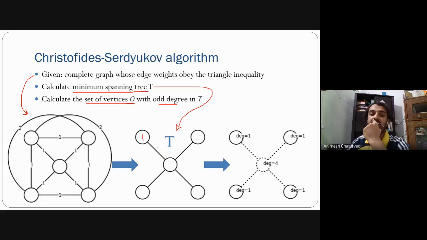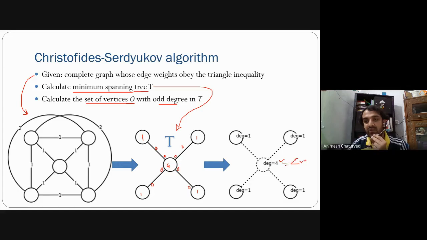This is having degree 1 because there is only one edge. This is also having degree 1, with this one edge. This is also having degree 1, with this one edge. But this is having degree 4 because of this edge, this edge, this edge, and this edge. So this is having degree 4, and degree 4 is even.